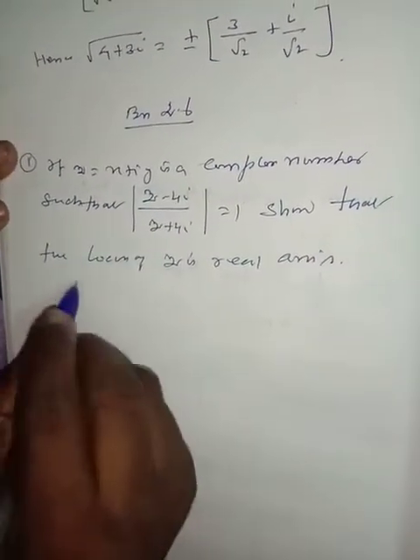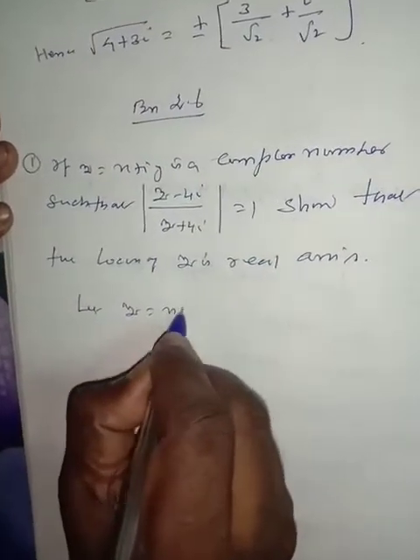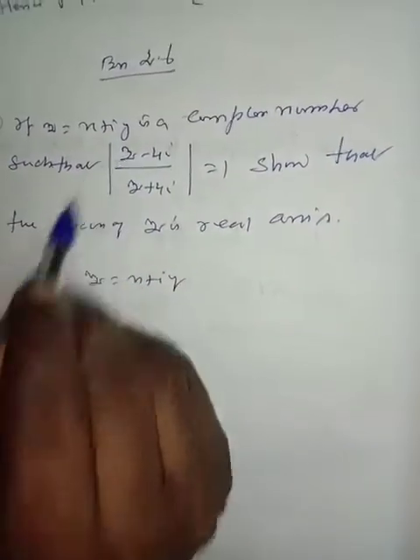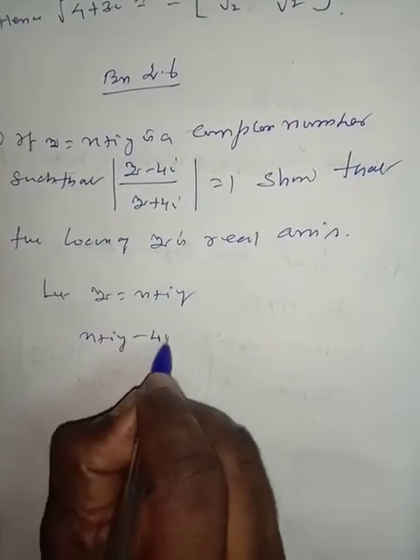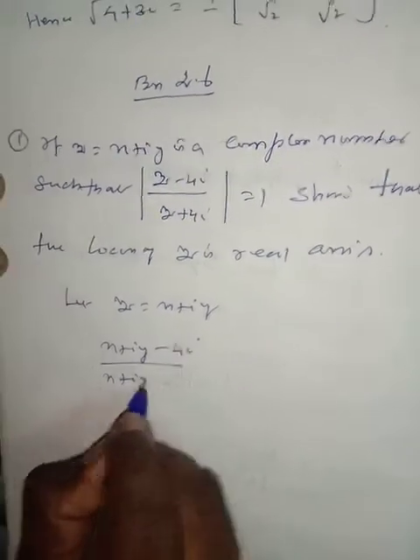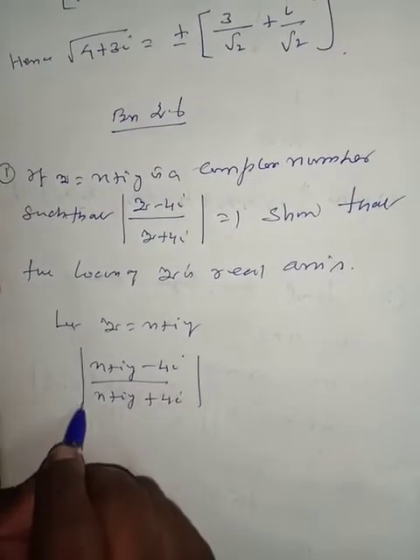Let z = x + iy. Substitute z = x + iy: (x + iy − 4i)/(x + iy + 4i) = 1.